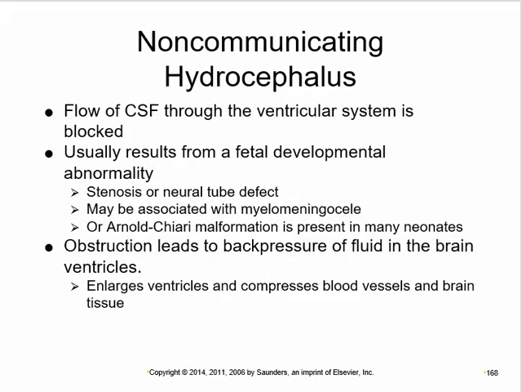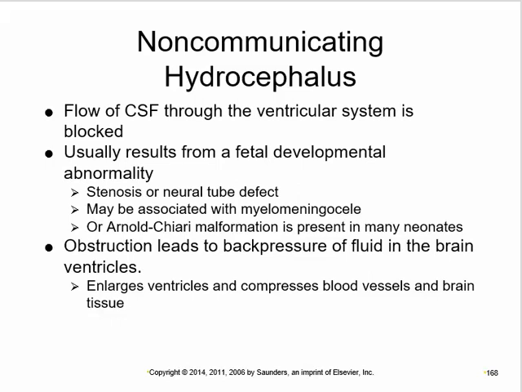So in the non-communicating, the flow of the cerebrospinal fluid through the ventricular system is blocked someplace. Normally we have the lateral ventricles that drain into the third ventricle, then that goes through the aqueduct into the fourth ventricle, and then down the spinal column.